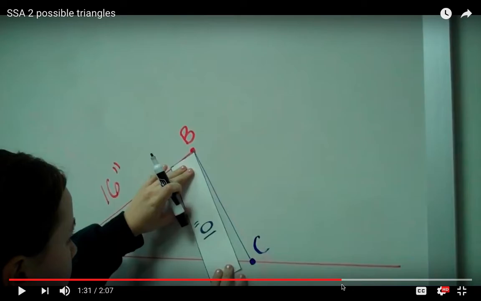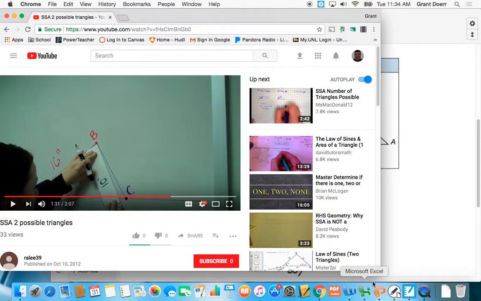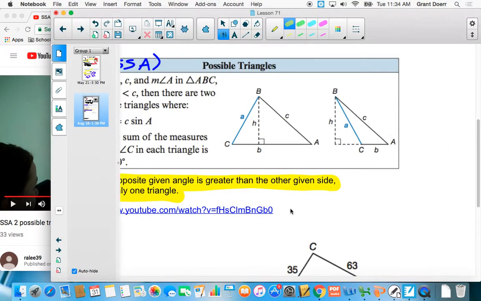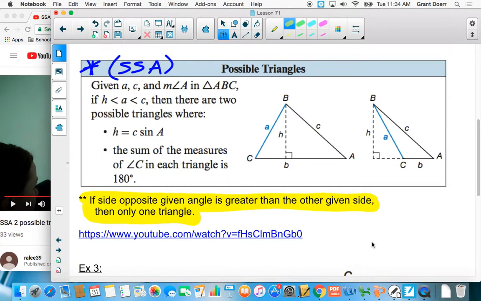Okay? Now let's stop for a minute. Let's go back and look at this statement that we had. So this was 16, and this potential side over here is going to be 10. If the side opposite the given angle is greater than the other given side. So let's take a look. The side opposite the given angle is what? 10.